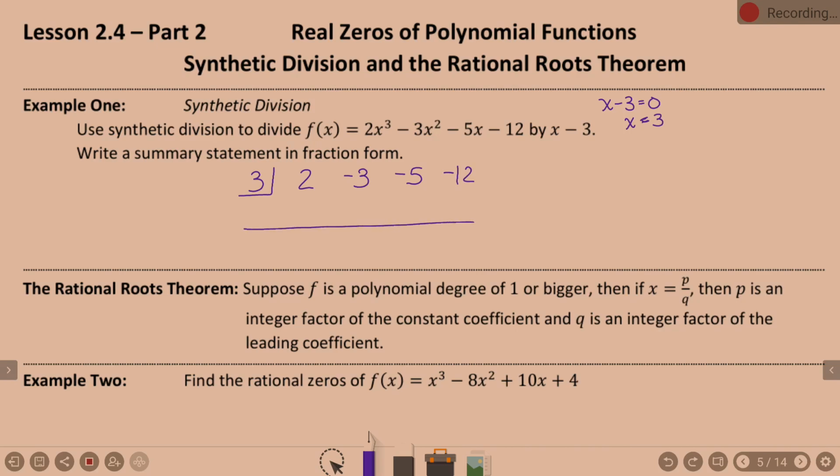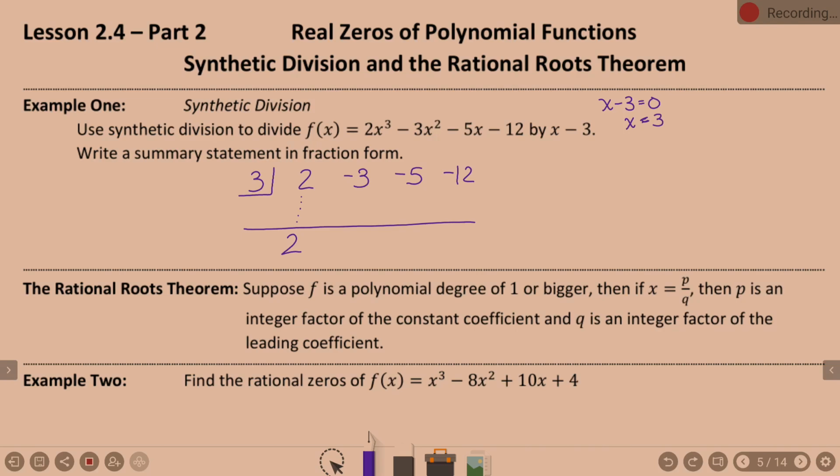I'm going to leave myself room for a row of numbers, and I'm going to draw a line. Then we start by taking our first number and dropping it. So my first coefficient of 2 drops down, and that's the first piece of my answer.